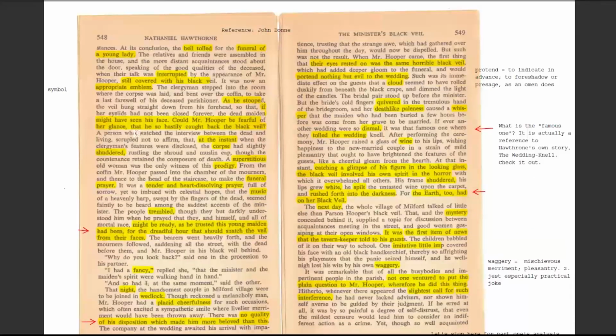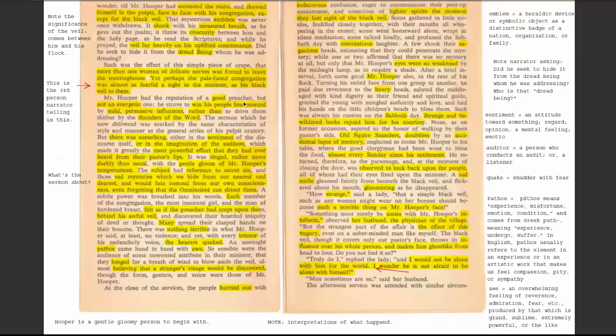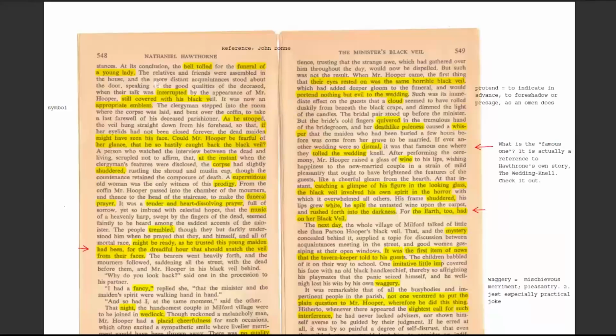So the afternoon service, I'm not going to belabor it, but it's the same thing. At its conclusion, this is the afternoon service. And what's the afternoon service? It's actually a funeral of a young lady. Young lady passed away, and it's a funeral. At its conclusion, the bell tolled for the funeral of a young lady.